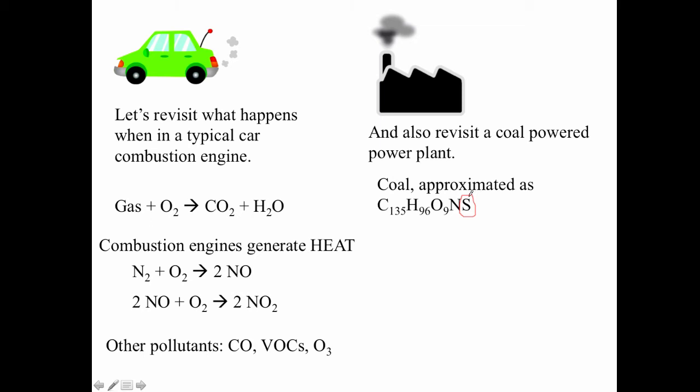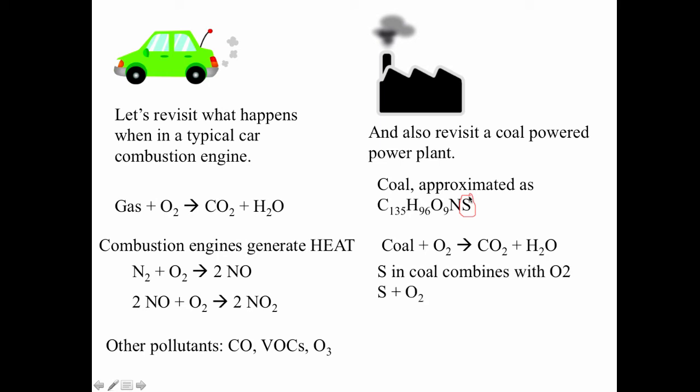When we have a coal combustion reaction, again, we have our coal plus our oxygen yielding CO2 and water, but this sulfur can also combine with oxygen to form sulfur dioxide. Sulfur dioxide, once it's in the atmosphere, can combine further with oxygen to form sulfur trioxide.